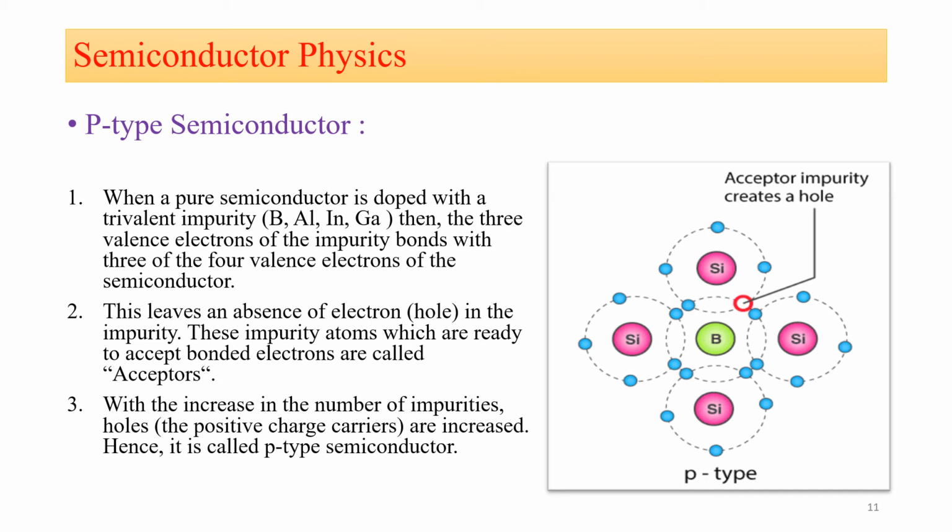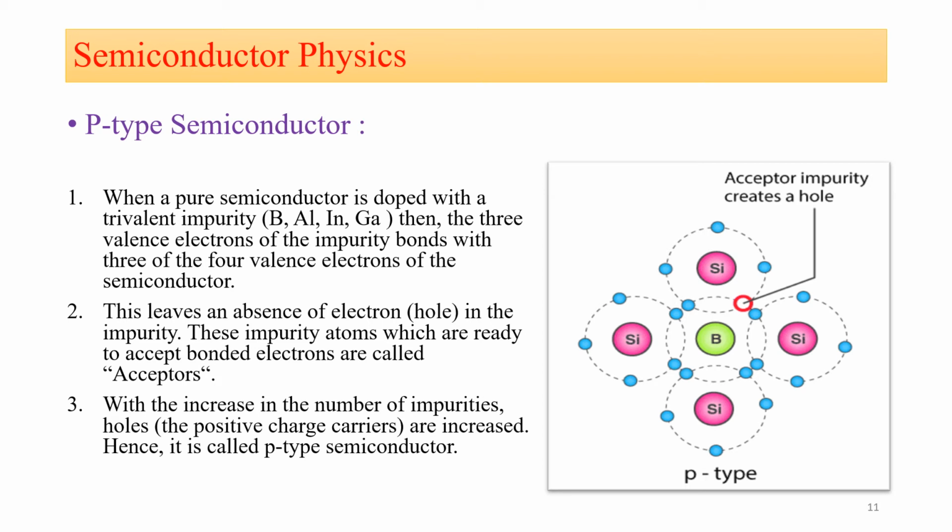Now this leaves an absence of an electron in the bonding, and these impurity atoms, which are ready to accept the bonded electrons, are called acceptors. With the increase in the number of impurities, the holes, that is positive charge carriers, will increase. So this type of semiconductor material is called a P-type semiconductor material.